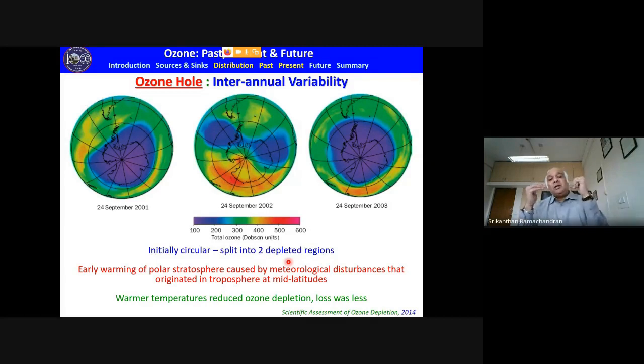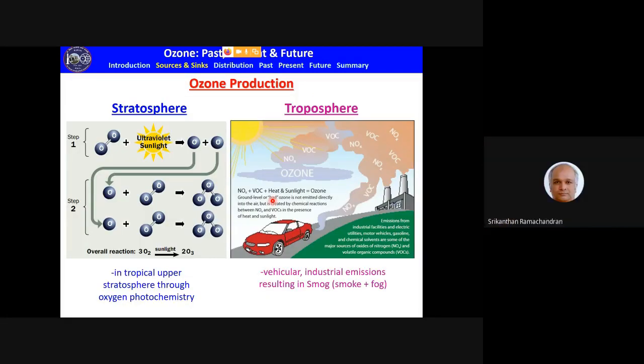When the temperatures are warmer, we know that polar stratospheric clouds, for example, cannot form, so they will reduce the ozone depletion. So warmer temperatures lead to reduced ozone depletion, or increase the amount of ozone in the atmosphere. The loss apparently was less because of the increase in temperatures.